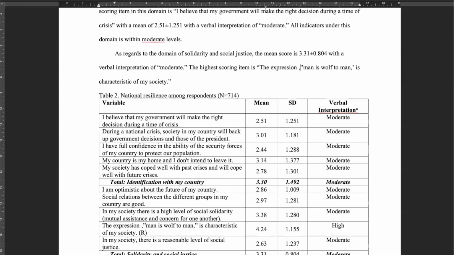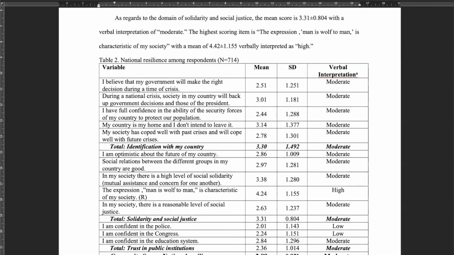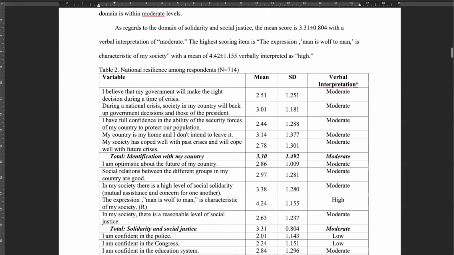And then we write the indication, society with a mean of 4.24 plus minus 1.155, verbally interpreted as high.